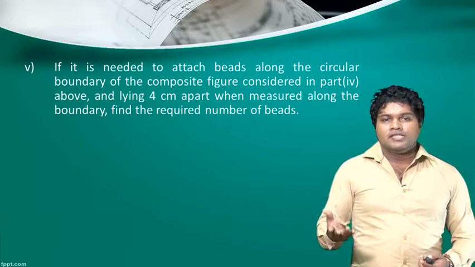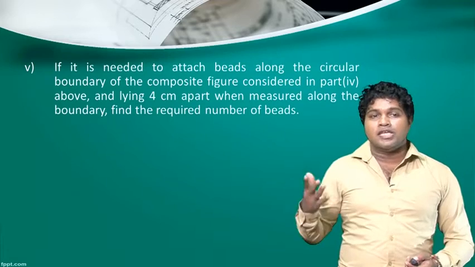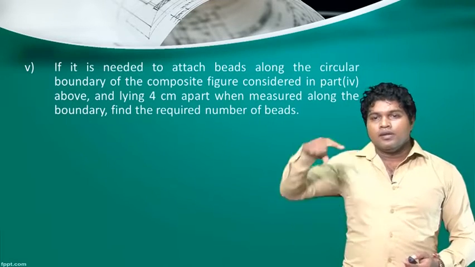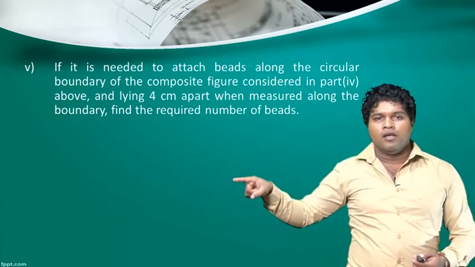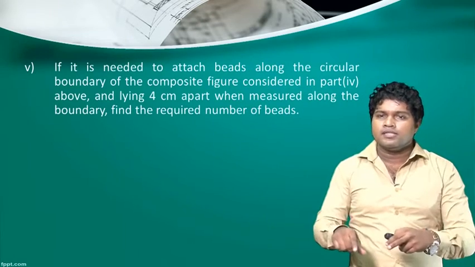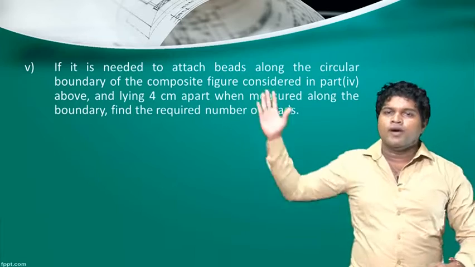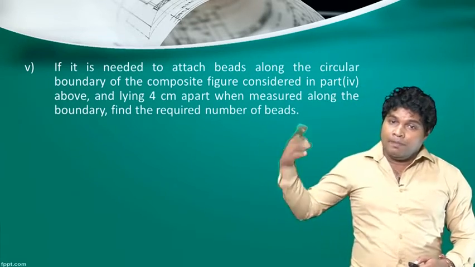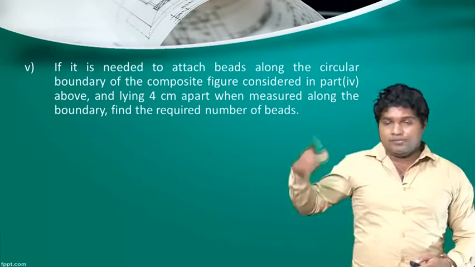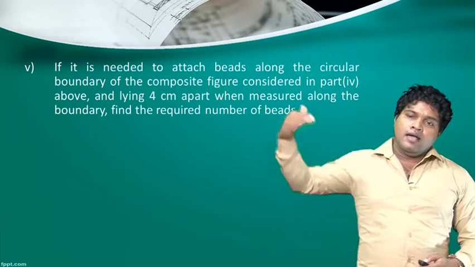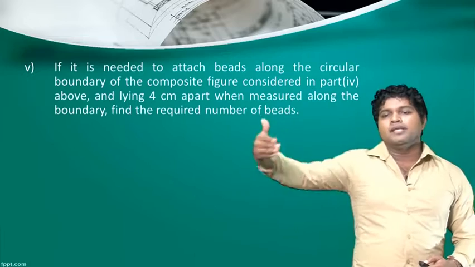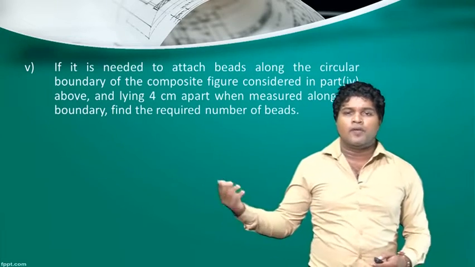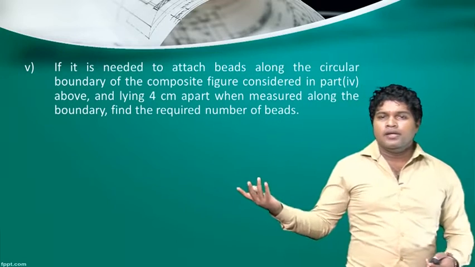Can you remember the circular boundary? It was the circular boundary of the composite plane figure in part 4. That means beads are placed 4 centimeters apart along the circular boundary. Then they ask to find the required number of beads.